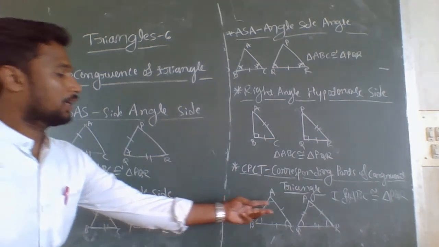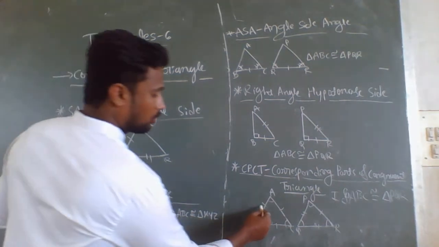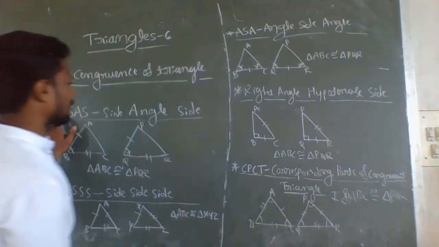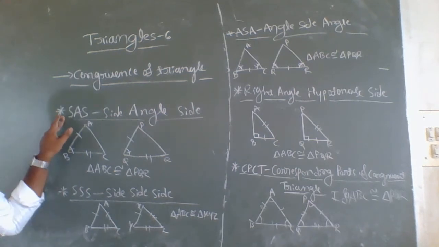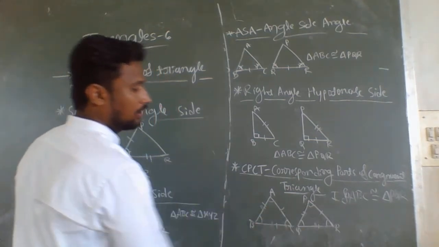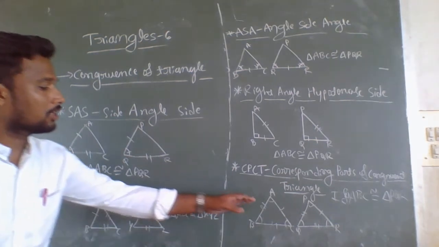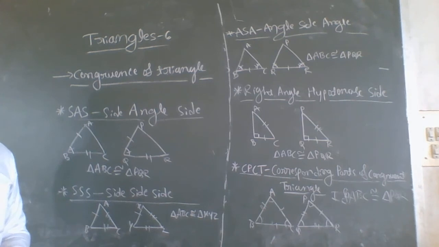Suppose, for example, we use the SAS property, side angle side property, where two sides are equal and one angle is equal. By using this property, if these two triangles are congruent, then all the corresponding angles and all the corresponding sides are equal to each other.